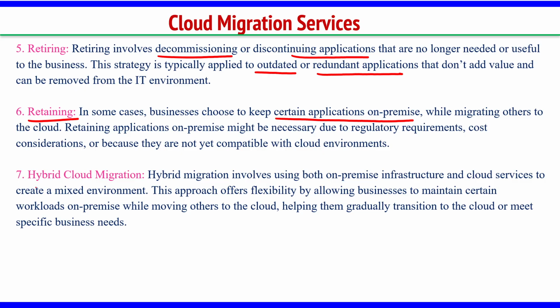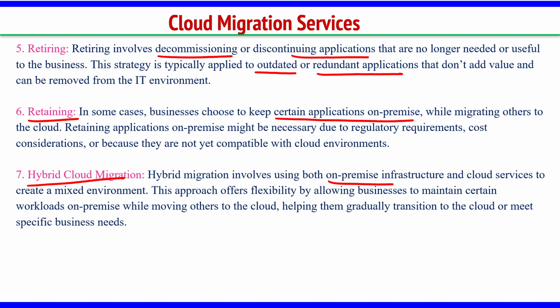And the final one is hybrid cloud migration. Again, basically a combination of private and public, a mix of public cloud and on-premise, right? So in this what happens? Hybrid migration involves using both on-premise as well as the cloud, to create a mixed environment.